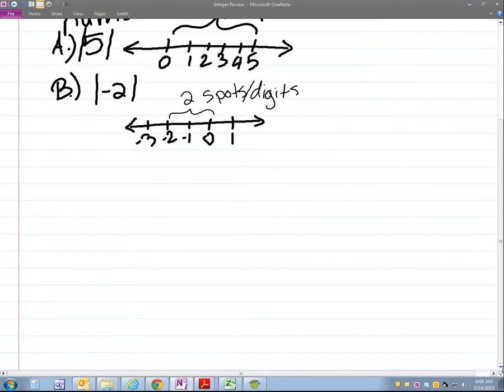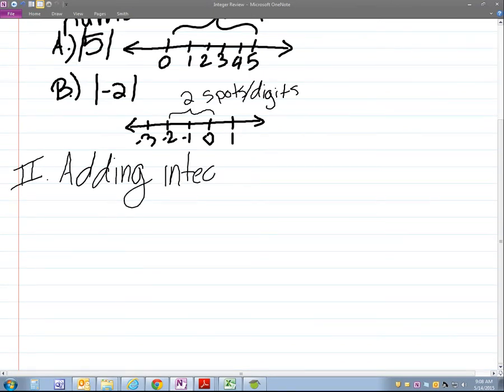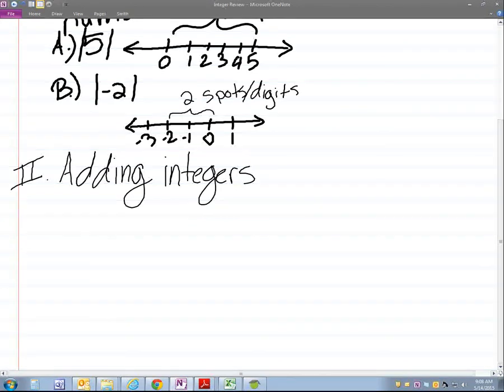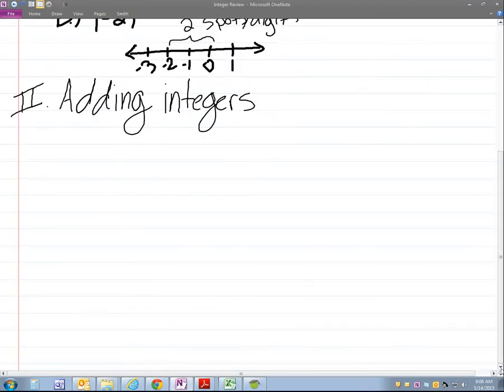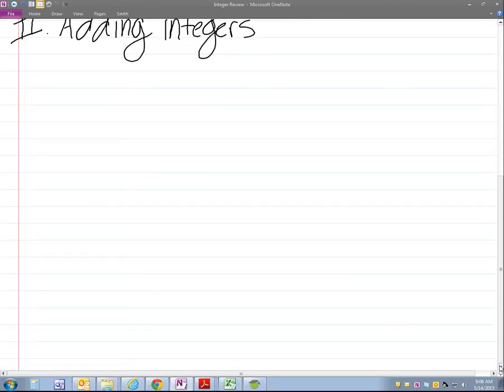Okay. Then I have the Roman numeral 2. Adding integers, a.